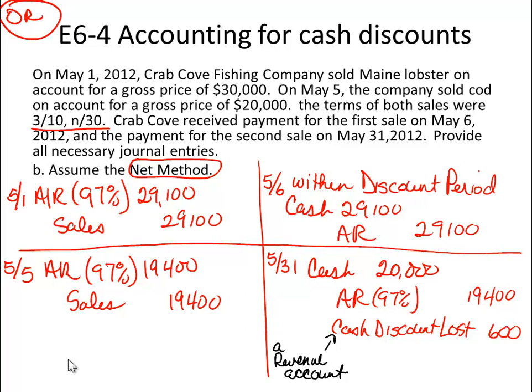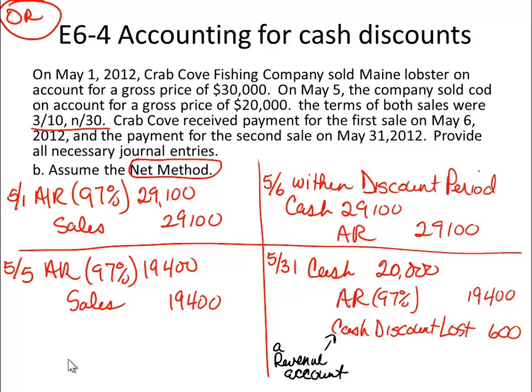Contrast this with the net method. Under the net method, we assume everybody's going to take the discount because 3% off is such a great deal. So on May 1st, when we make the first sale for $30,000, we'll debit accounts receivable only for 97% of that amount, or $29,100, and credit sales for $29,100.